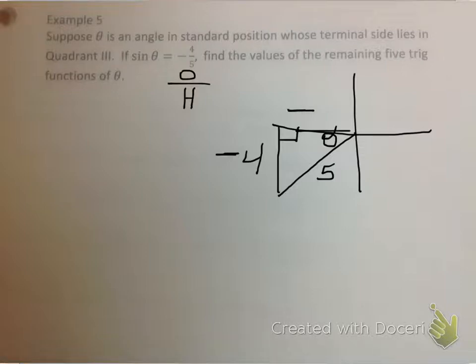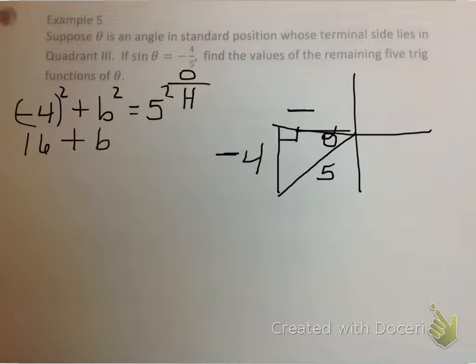I'm going to use the Pythagorean theorem to find my missing side. So a squared plus b squared equals c squared. Negative 4 squared plus b squared, the side I don't know, is equal to c squared, which is 5. So that's 16 plus b squared equals 25.